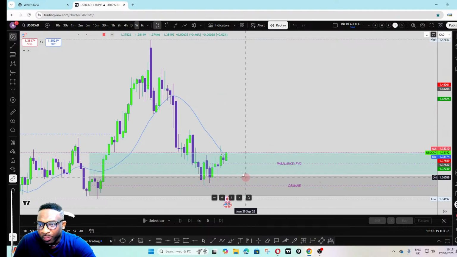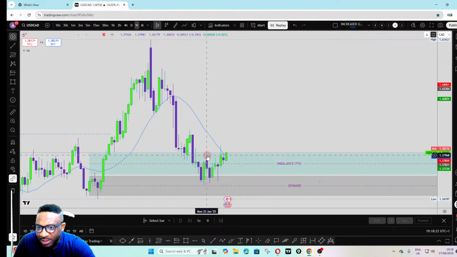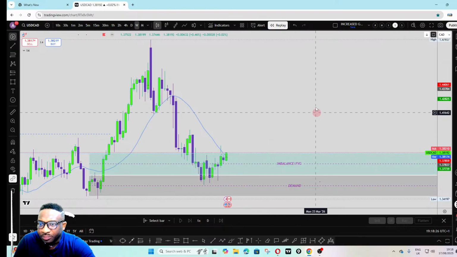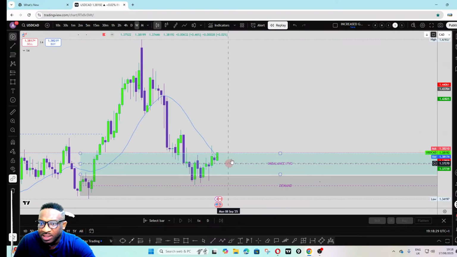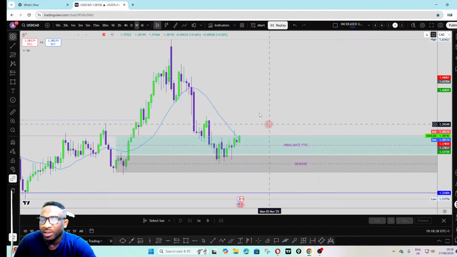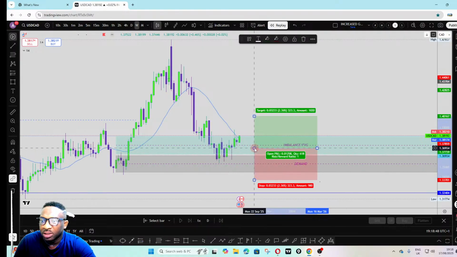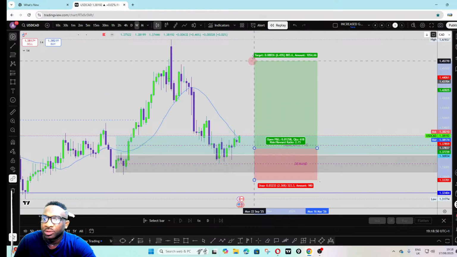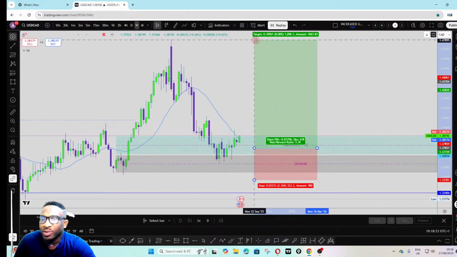We've had a high here that has just been broken. So what we could do is zoom in to the smaller time frames and look for confirmation entries from here. Let's pick the area. So this is a possible long entry to the upside, to the previous high.